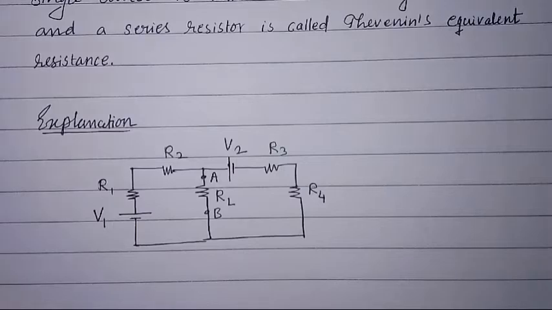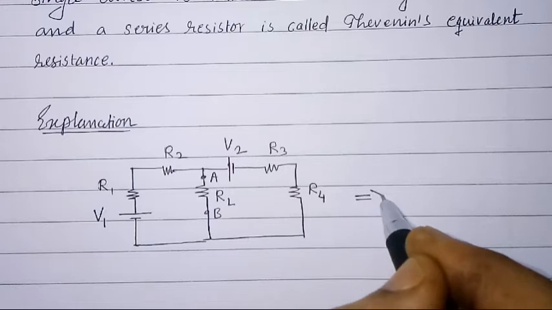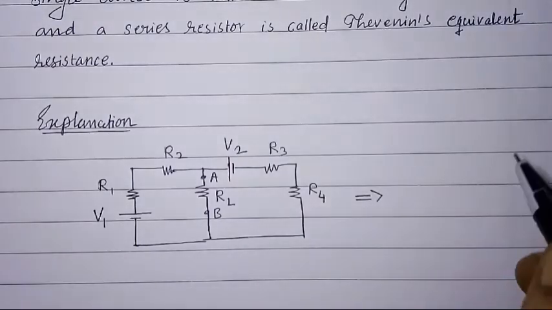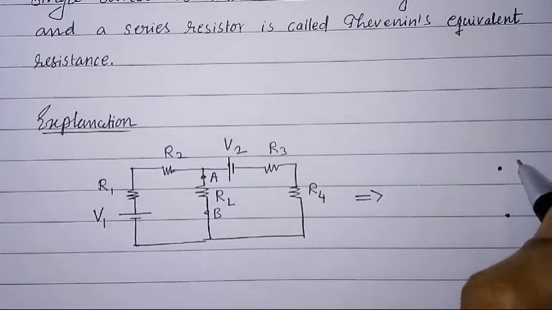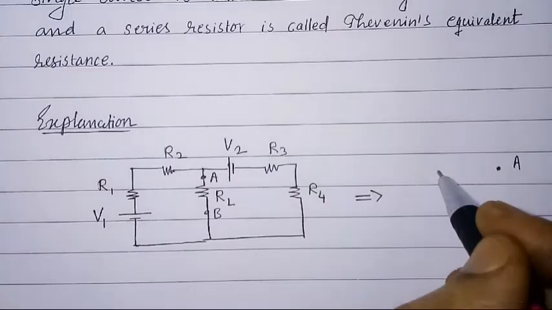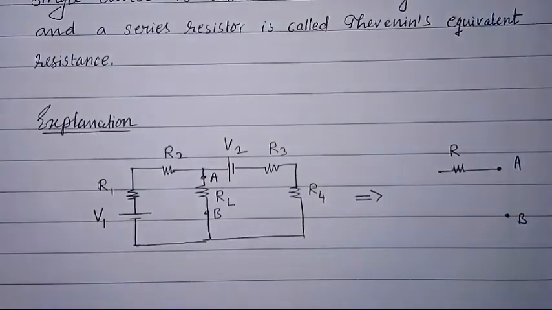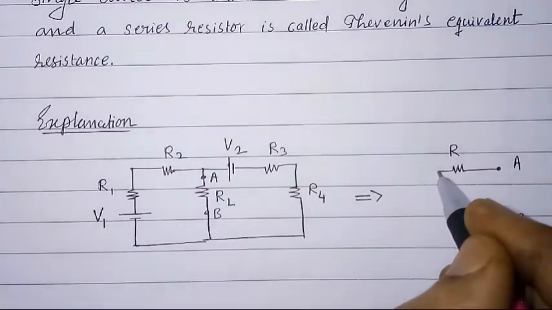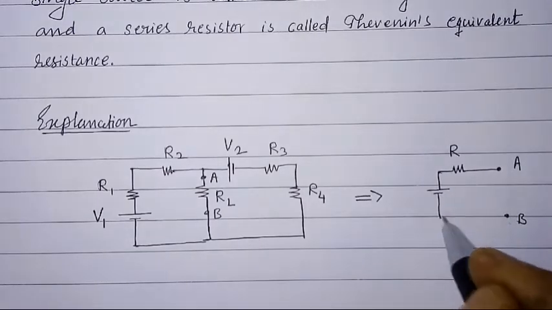Now between these two terminals, we can have a simple circuit which will be consisting of a voltage source in series with a resistor. Now say this is terminal A and this is terminal B. Between these two terminals, one series resistor and a voltage source.